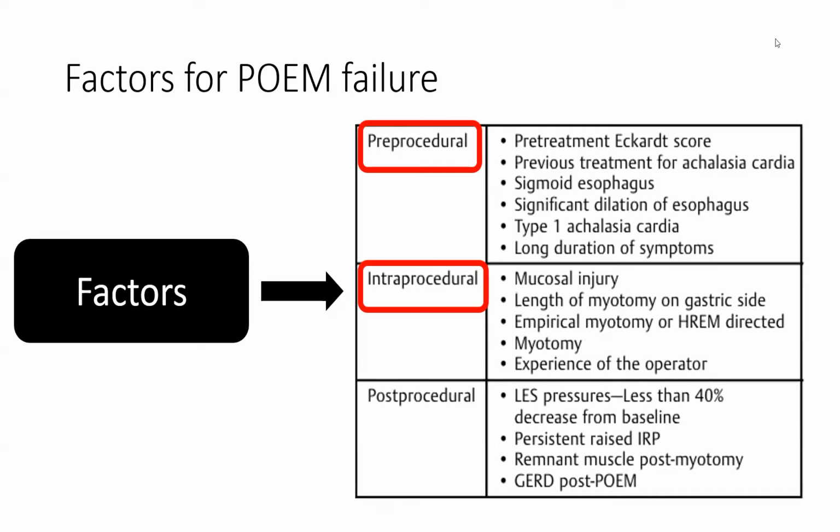But I think that's something which we all need to understand. Post procedural, I think that's where we will put this talk on: what happens after the procedure, whether the LES pressures have come down or not, IRP has come down to what extent, whether there's any remnant muscle, and whether the patient has some GERD post POEM.